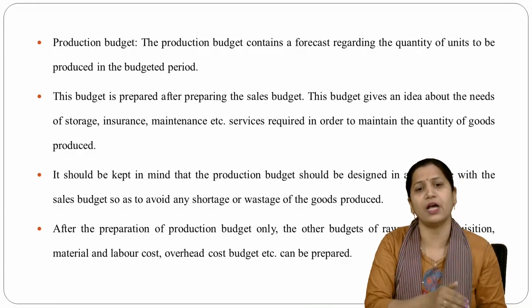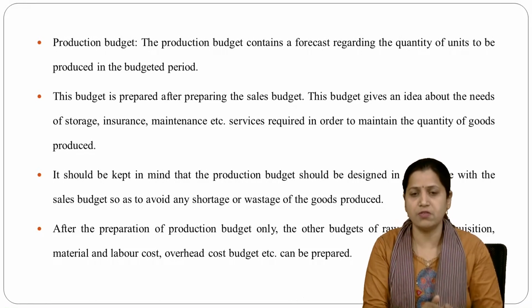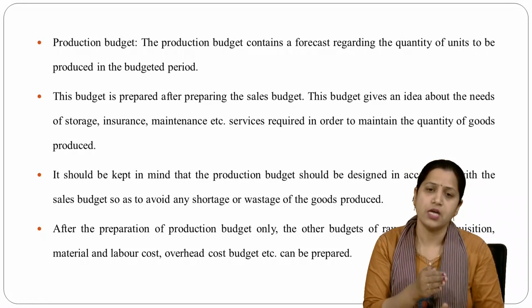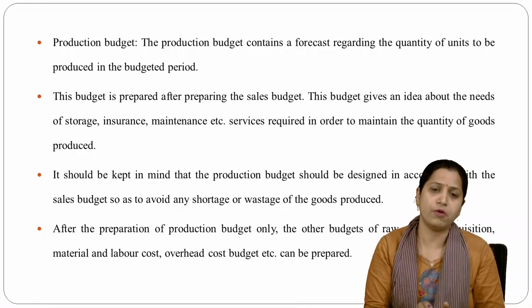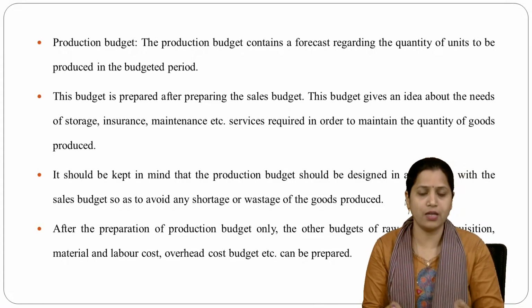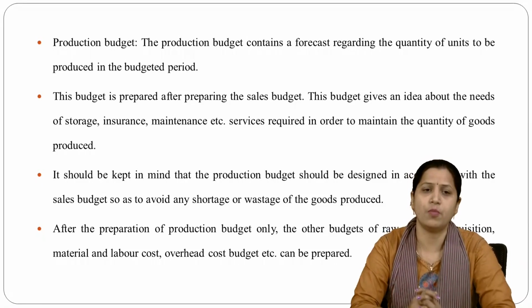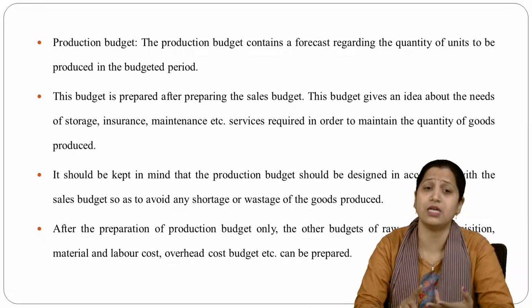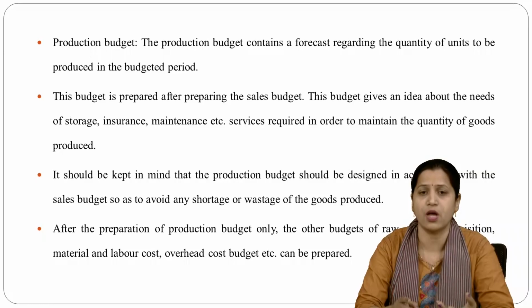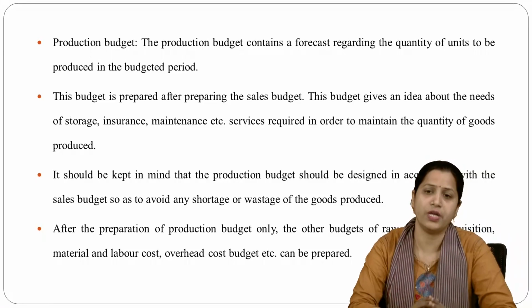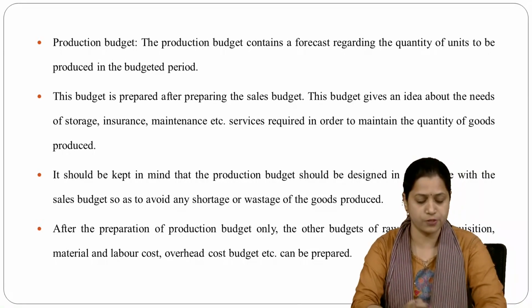This budget is prepared after preparing the sales budget. As we have discussed, the sales budget is helpful for preparing other budgets. This budget gives an idea about the needs of storage, insurance, maintenance, etc. This service is required in order to maintain the quantity of goods produced.